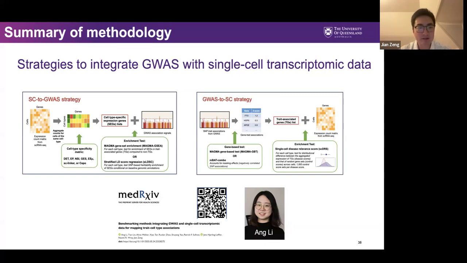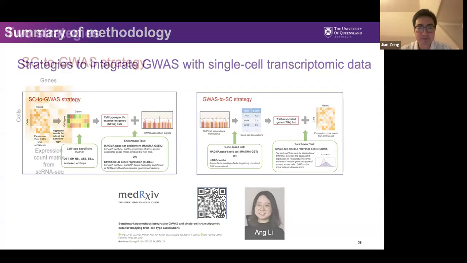Although there are many methods, we think broadly they fit into two main strategies. One we call the single cell to GWAS strategy. The other is the other way around, the GWAS to single cell strategy. I will talk about them briefly one by one, and then we compare different methods and look at what factors are affecting their performance.